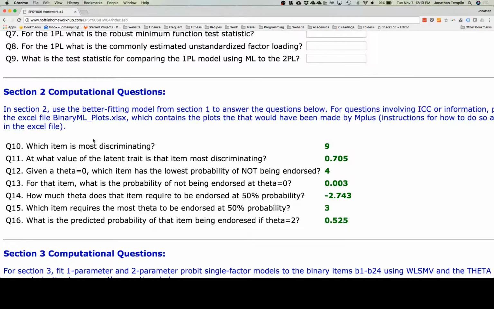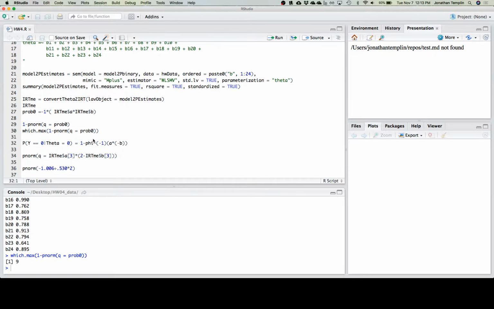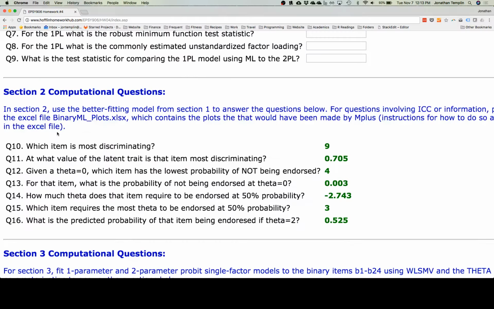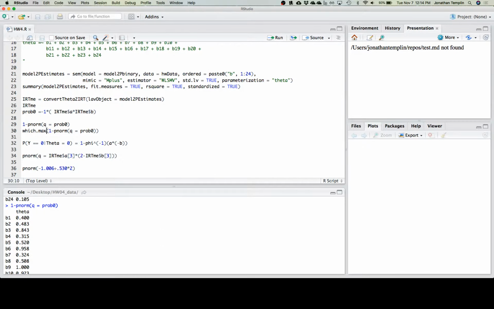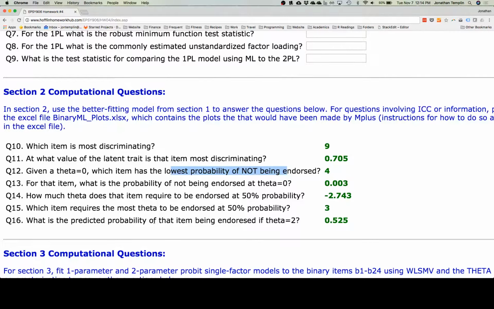For that item, what is the probability of not being endorsed at theta equals 0? So that is the actual probability that goes with it, and you can see. Actually, no. What did I do? I think I did that wrong. What is the lowest probability of not being endorsed? I need which.min to tell us the low probability. Which.min tells us it's item 12.